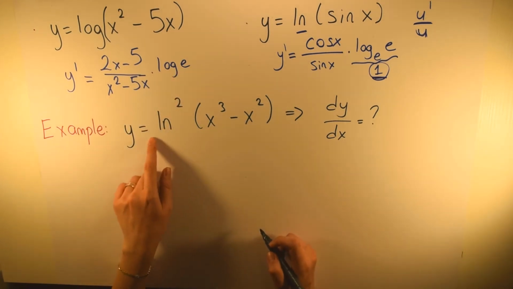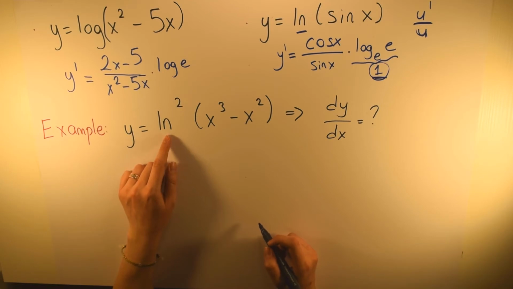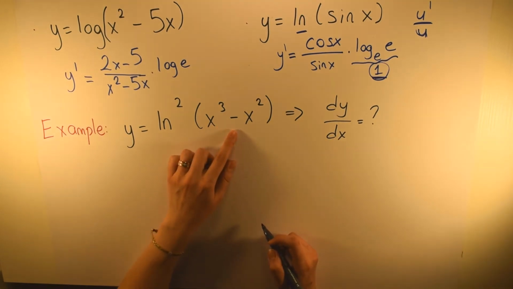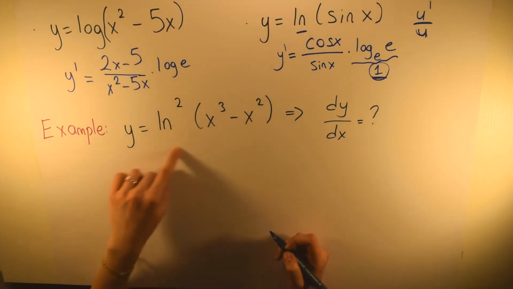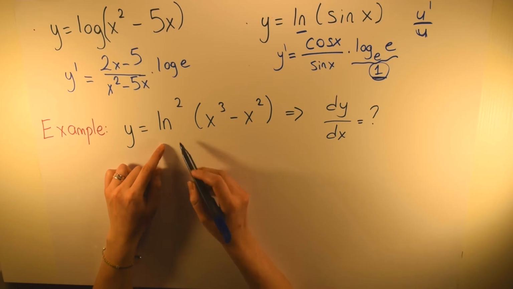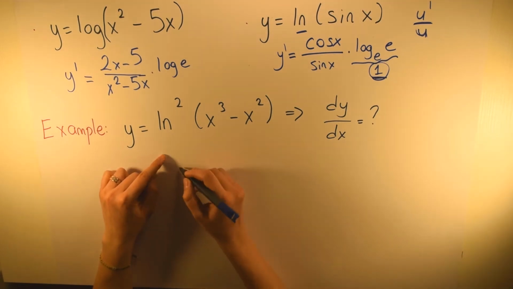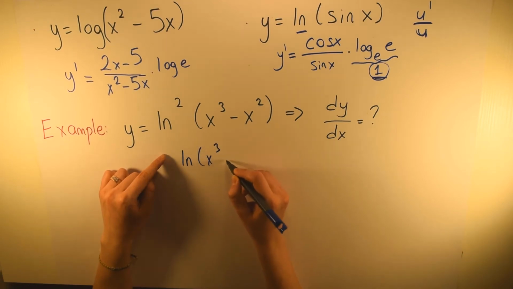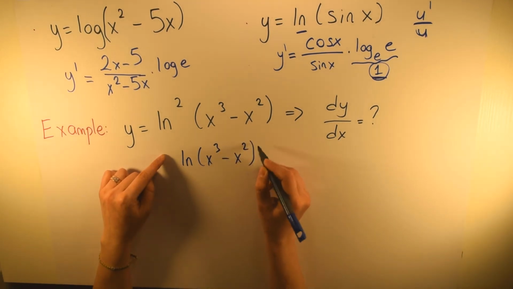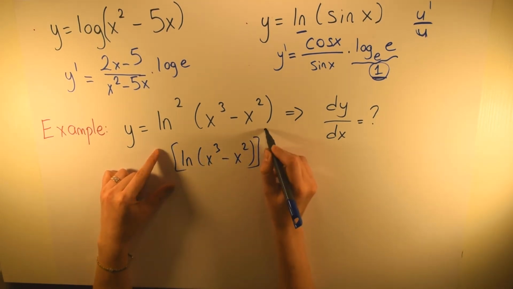Okay, so let's continue with this example. Here we have y is equal to the natural log of x cubed minus x squared to the power of 2. And what is the derivative of this function? As we said before, we can also write this expression as ln of x cubed minus x squared, all to the power of 2.